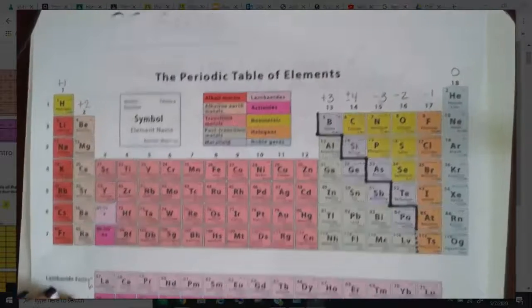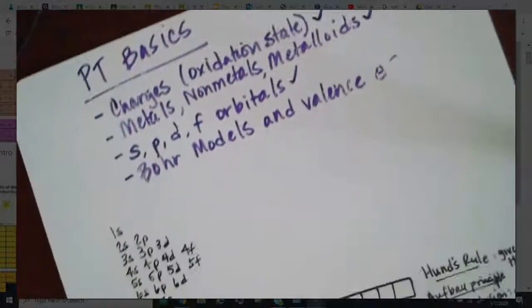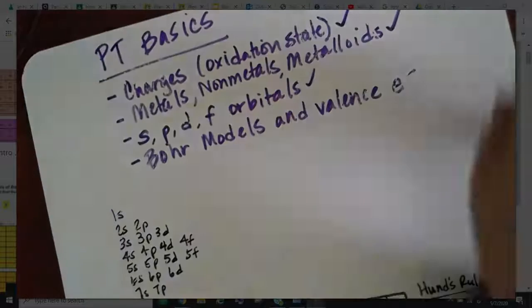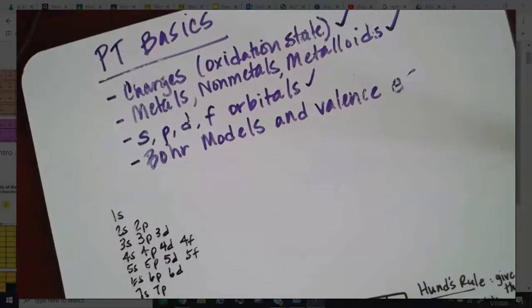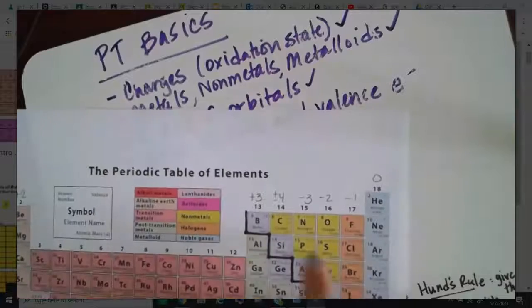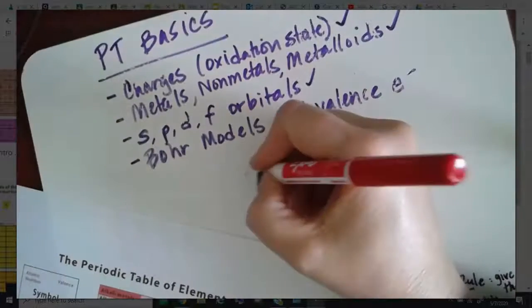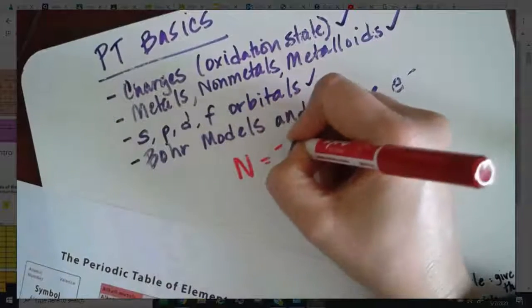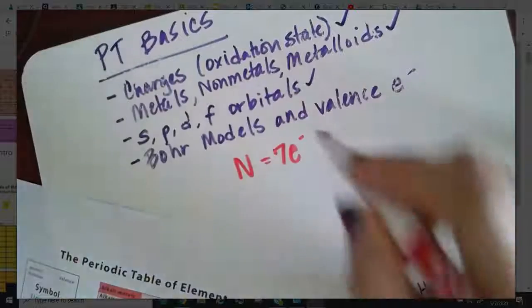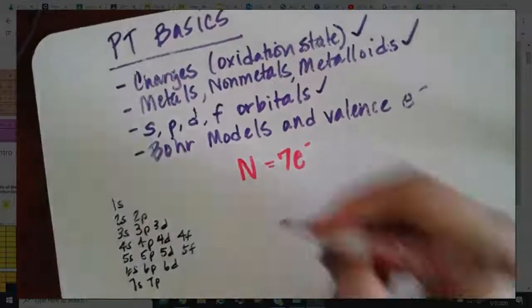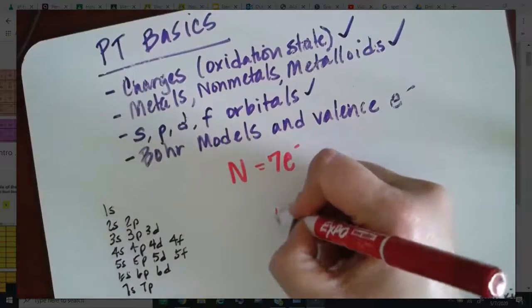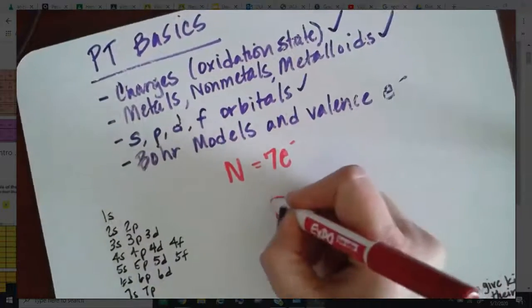So for example, if I did a Bohr model for, let's do nitrogen. Okay, so here's nitrogen. Nitrogen's number 7, 7 electrons, right? Really quickly, I'm going to draw nitrogen in the very center just to be really fast.